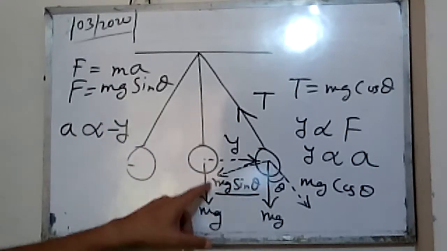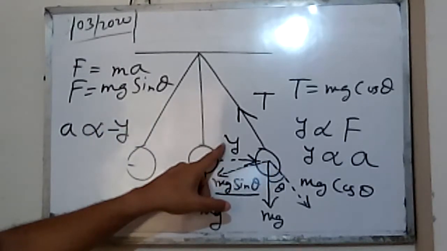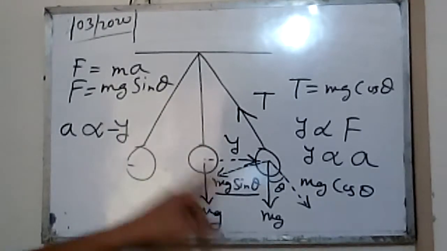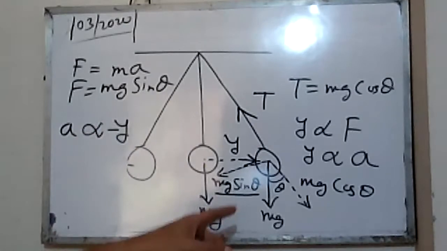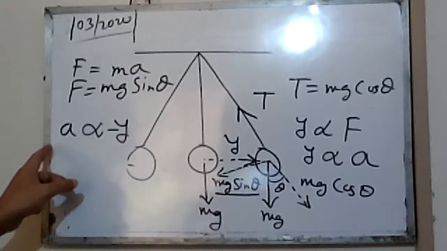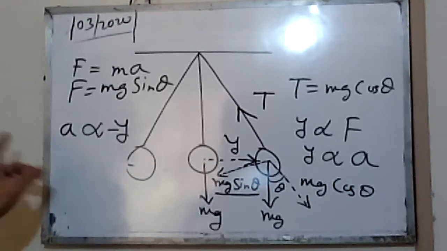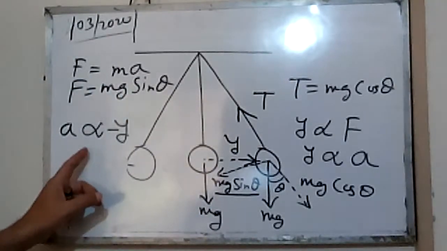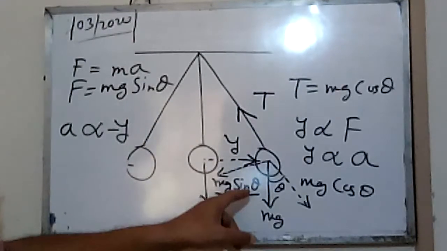Therefore, if y increases, then mg sin theta, that means F, that is a, increases. So the direction is opposite.